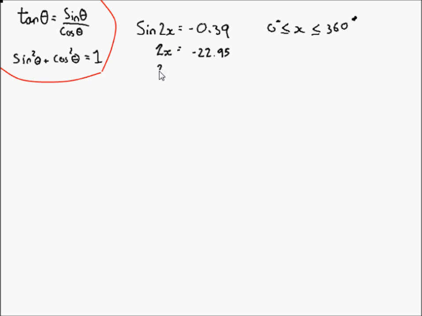That means 2x is equal to, using my last video, 180 minus your answer, and then you'll get 202.95 degrees.